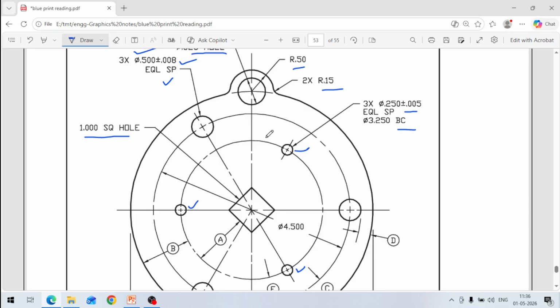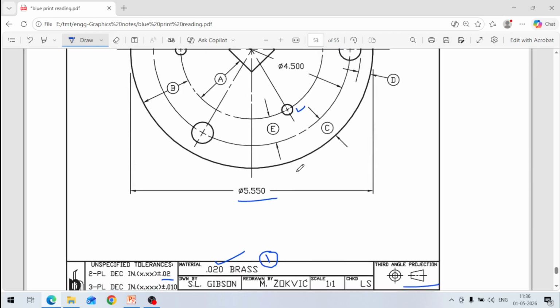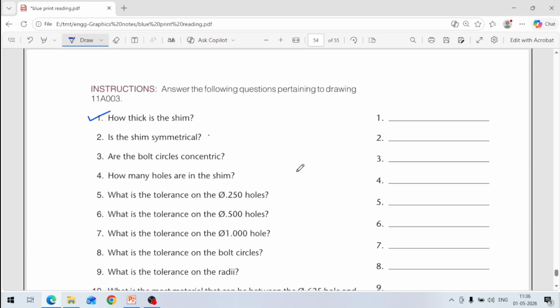Even these holes are not symmetrical. Only this section is symmetrical, but the other holes are not, so this figure is not symmetrical. Okay, so is the SHIM symmetrical? Say no.